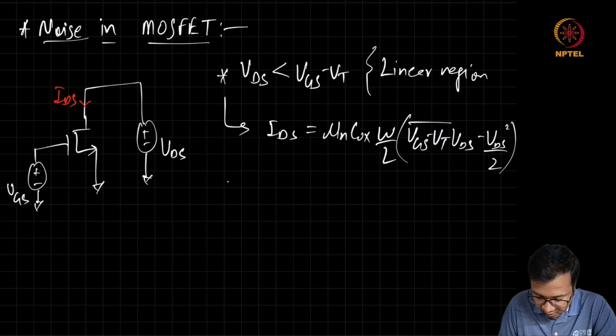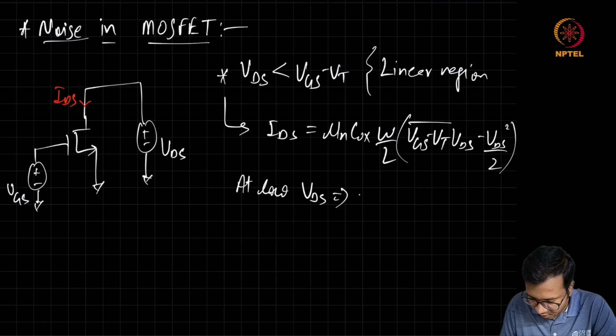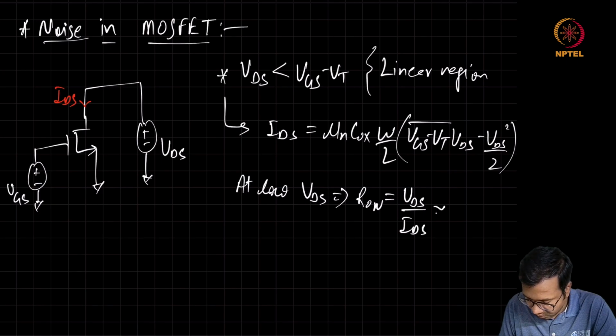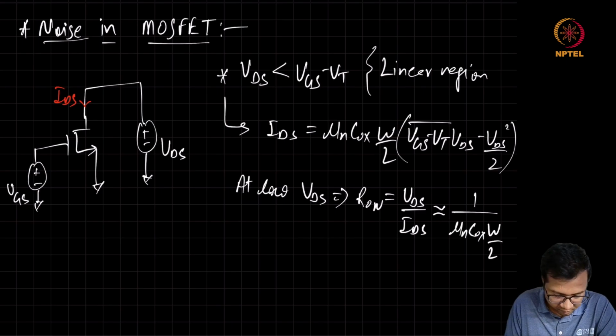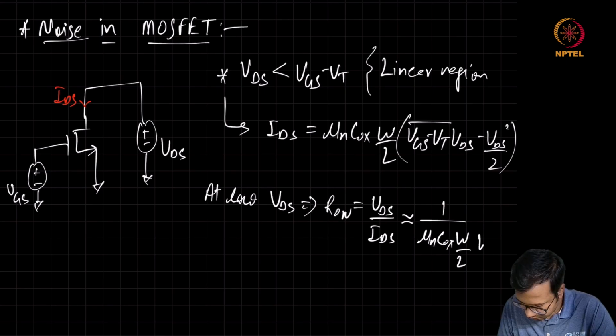So at low VDS, we can define an R on equal to VDS by IDS as 1 by mu n Cox W by L VGS minus VT.